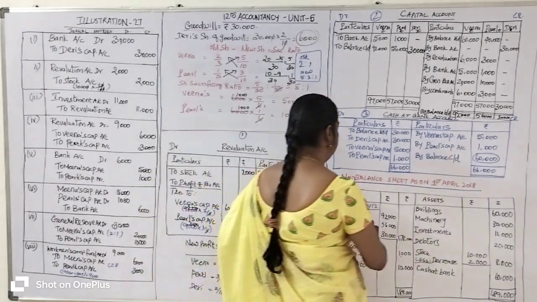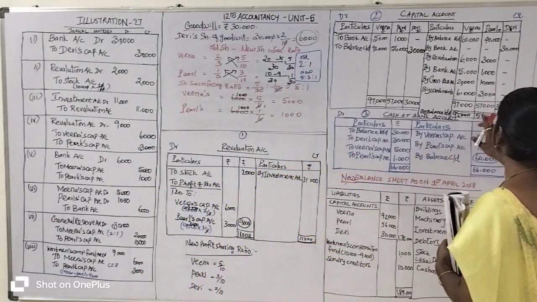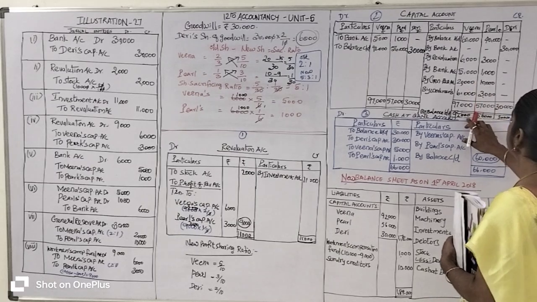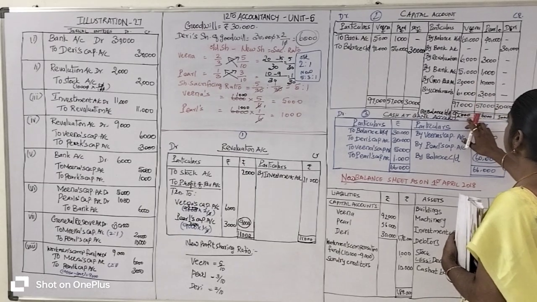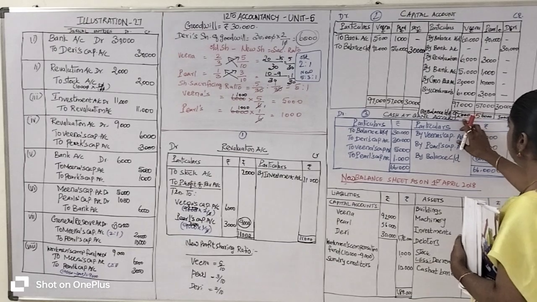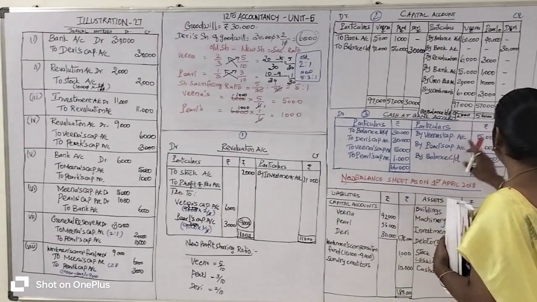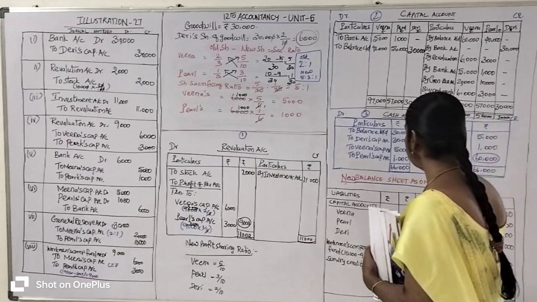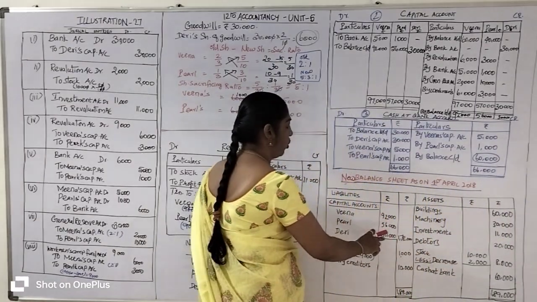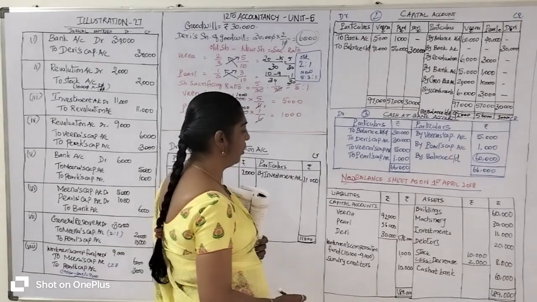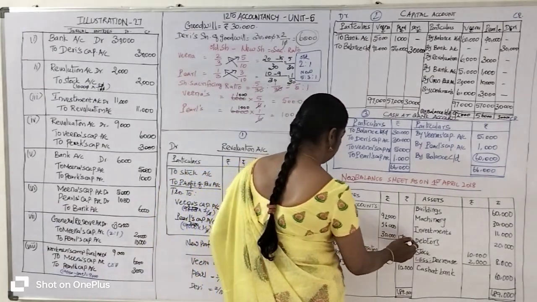We take that capital value from the closing balance of the capital account. So 92,000 for Veena, 56,000 for Pearl and 30,000 for Terry. The total capital amount is 1,78,000 rupees.